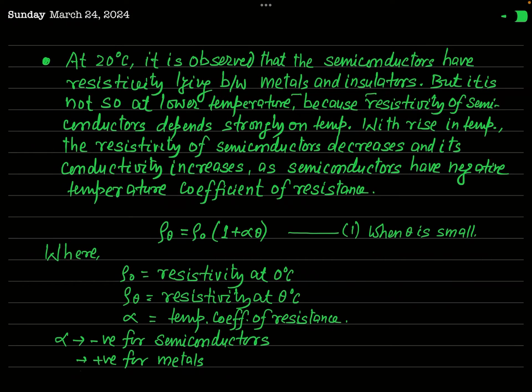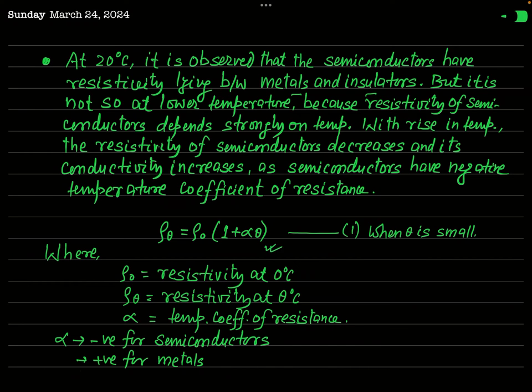Its resistivity will decrease, not increase. In fact, by increasing temperature, the resistivity of metals increases, but the resistivity of a semiconductor decreases. You can see the relation between the resistivity of a semiconductor or a metal and temperature.